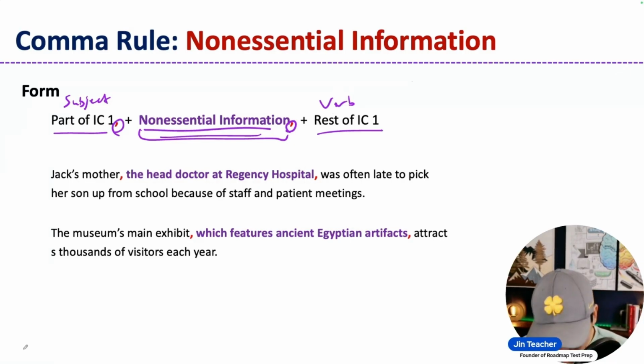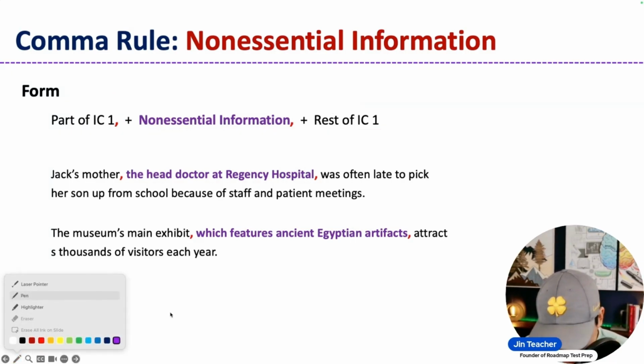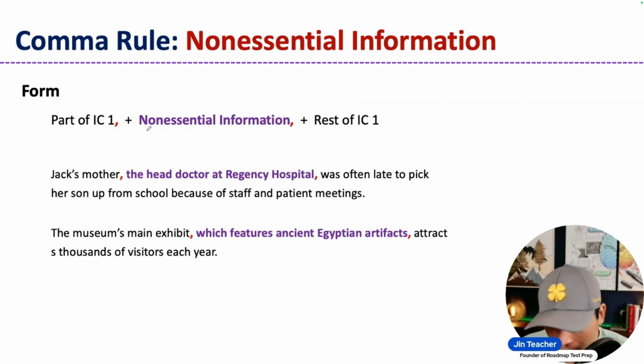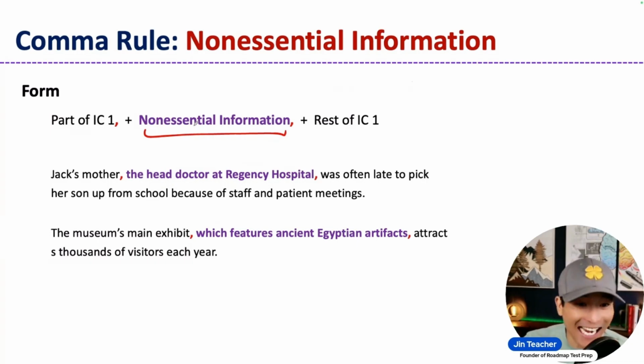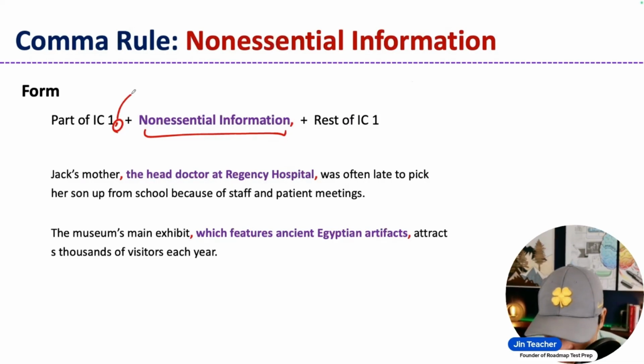Okay, so whenever we have a group of words that's being used inside of an independent clause, that's called non-essential information, okay? And we're going to want to surround that non-essential information with commas. So the purpose of this comma here is to open the non-essential.